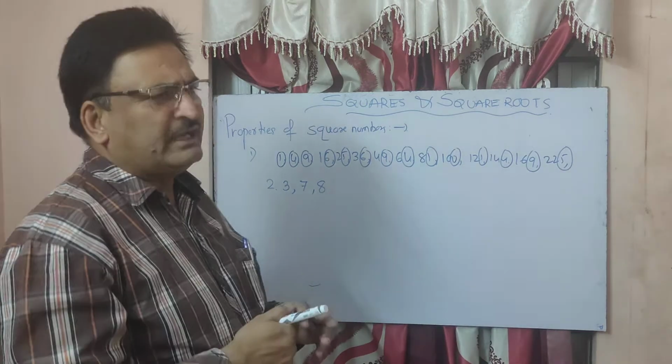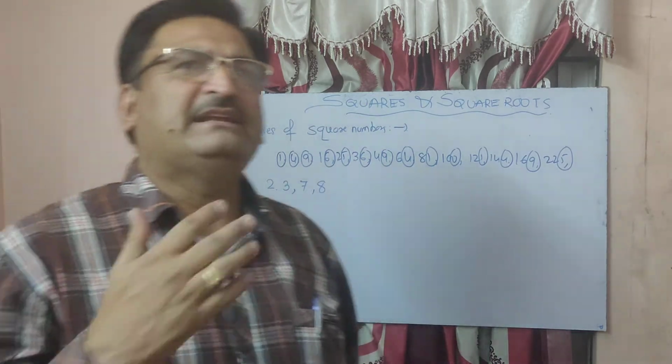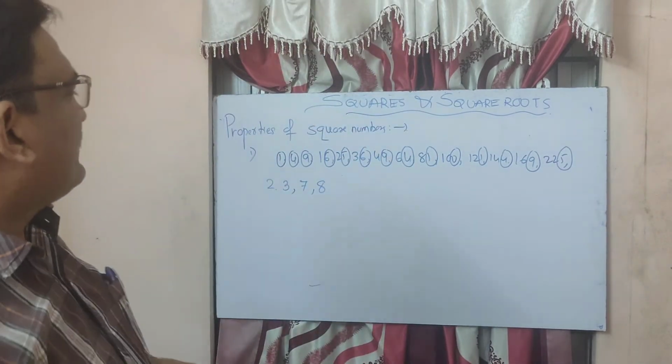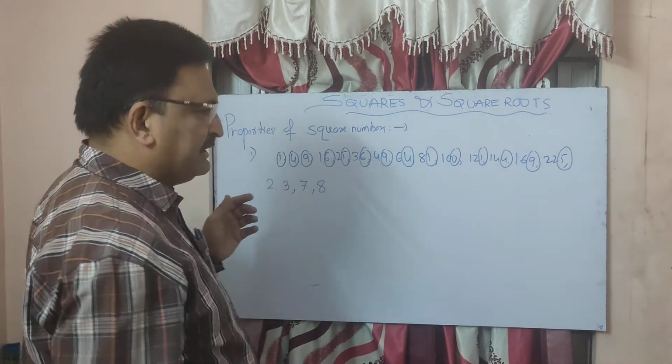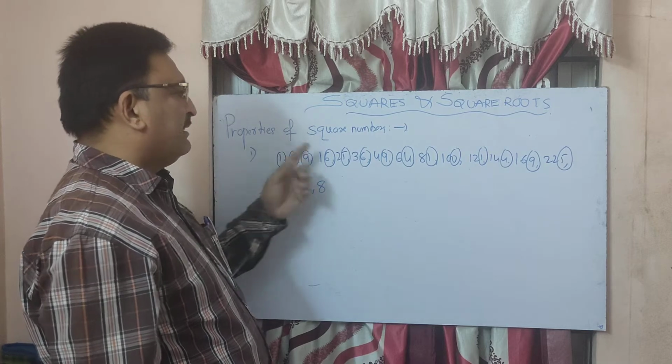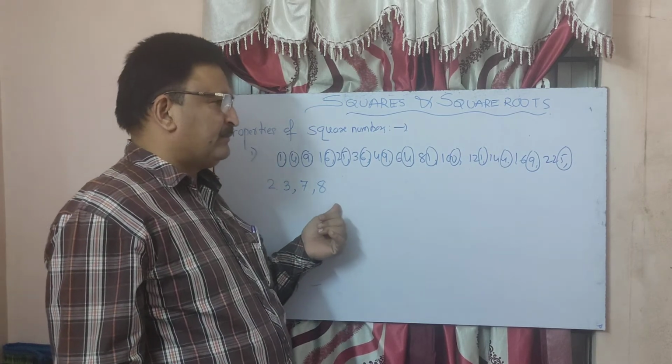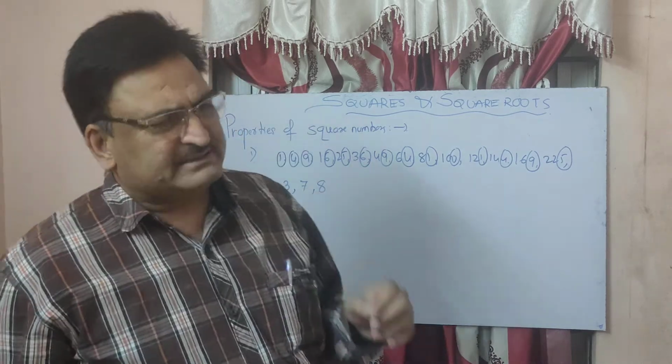You can check it from as many square numbers. You will not see in the unit place of the square number 2, 3, 7 and 8. And it is the first property.